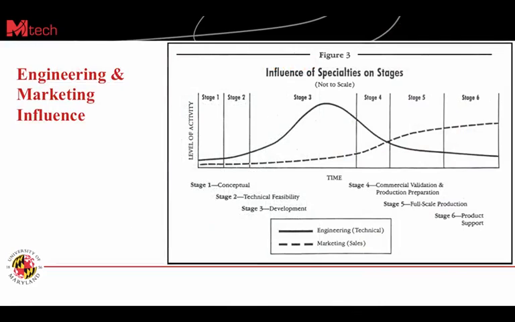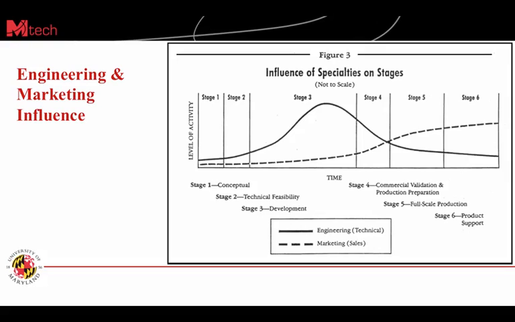So here we come to basically another look at the stages of new product development. And what we're looking at here is, if we look at the stages, you can see stage 1 and 2 are portrayed in relatively short stages. The conceptual stage is stage 1, the technical feasibility stage 2.